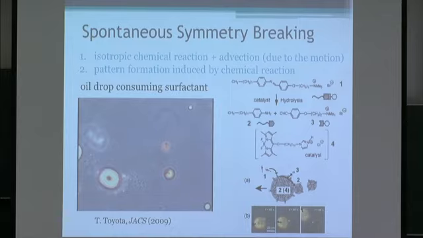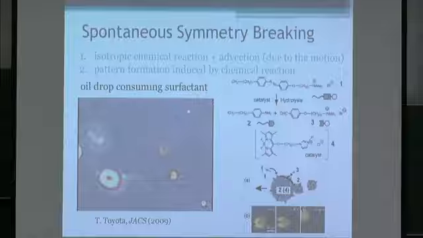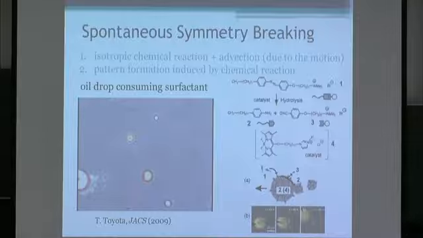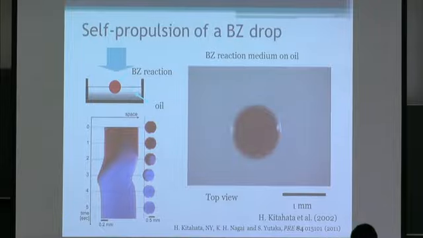And so therefore this system is non-equilibrium in the sense that there is a continuous flux from outside and inside, and then it moves. I will see more detail later. And the second example is that the droplet coupled with some chemical reaction.